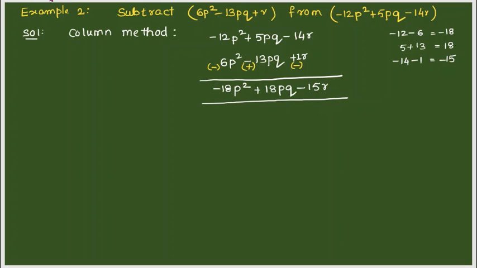So why did we change the symbols in subtraction? Subtraction is nothing but the opposite of addition. To convert the subtraction into addition, we need to change the symbols of the terms of the second expression, not the first expression.